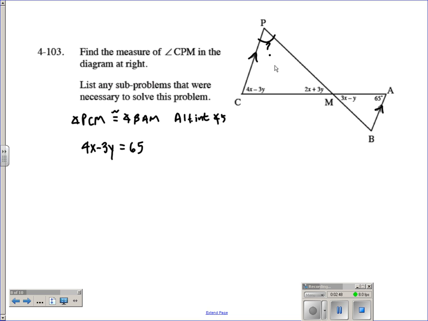I also know that angle PMC should be congruent to angle BMA. Why? Because they are what we call reflexive angles. Let's write those down too. Angle PMC is congruent to angle BMA.